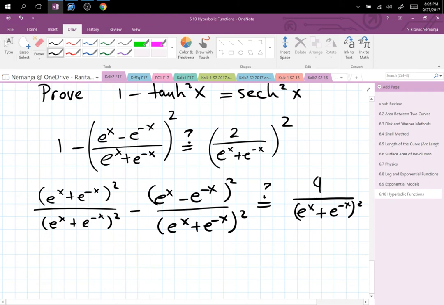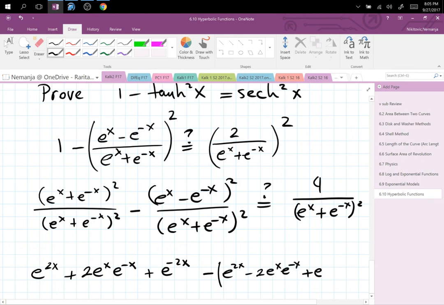When I square the first one, I get e^2x plus 2 e^x e^-x plus e^-2x, minus, we do the same thing but put in parentheses, e^2x minus 2 e^x e^-x plus e^-2x, needs to be 4.